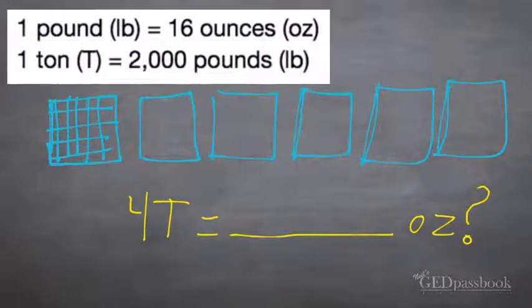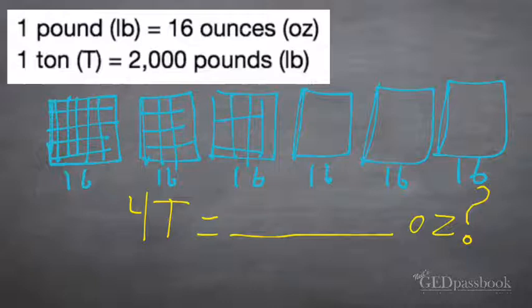You could waste your time and draw 2,000 boxes with 16 ounces in each one. 16 there, 16 there, 16 there, right?